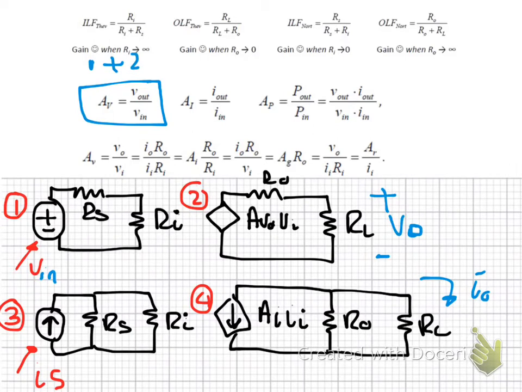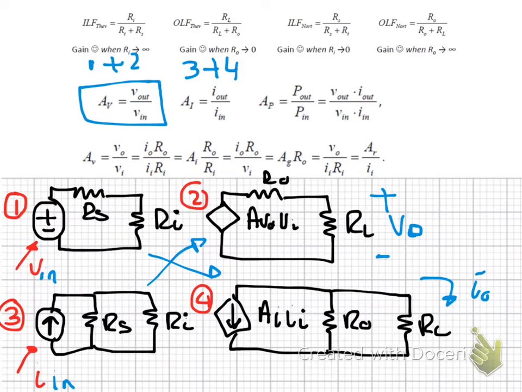For your current amplifier, you've got I out over I in, which is a combination of 3 and 4. From there, you can also combine them like this or like that to get your transimpedance and transconductance amplifier.